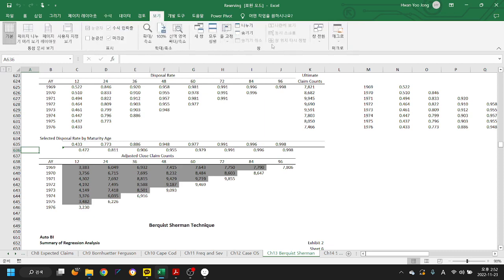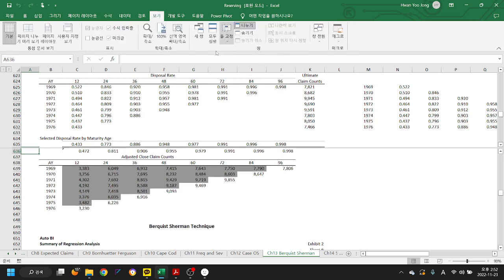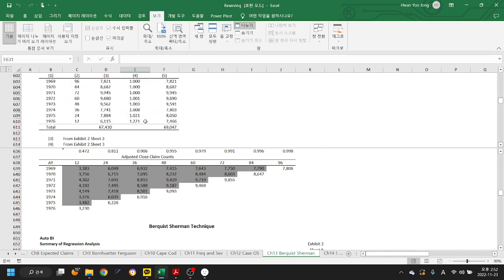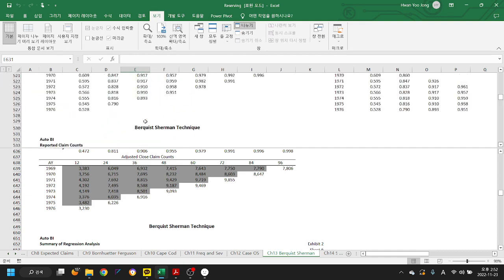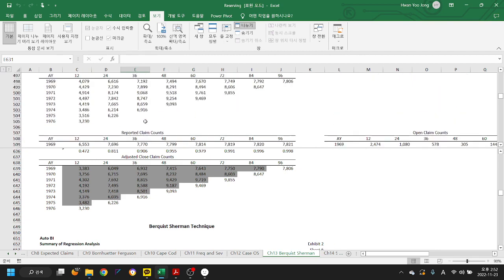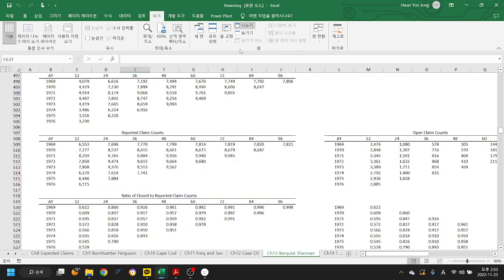We can have a look at how different they are, before adjusting and after adjusting. This is the reported claim count. And here we go, right? So you can see some of the discrepancy. It's not a lot, but you have to remember that this is a number of counts instead of loss amount.